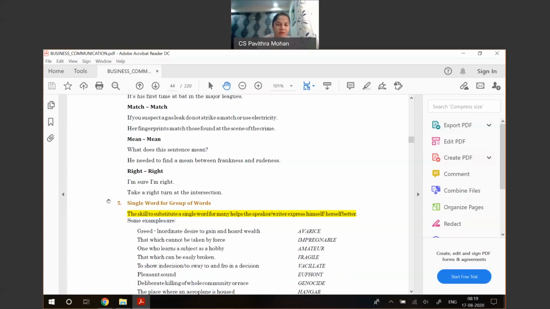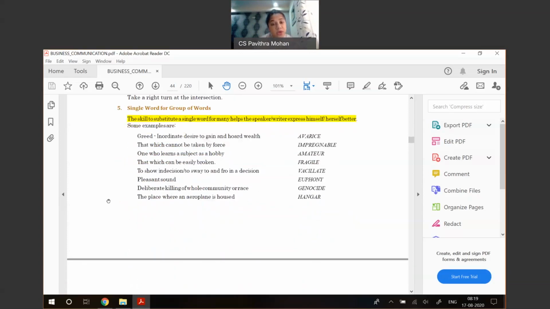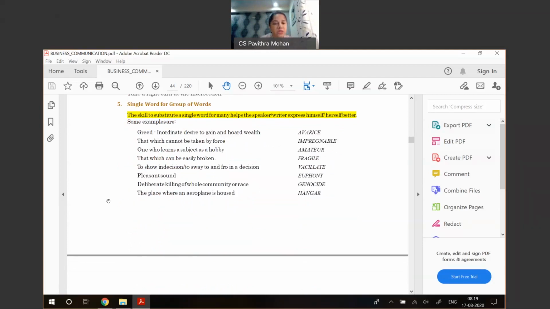Then you have single words for a group of words. How will this be asked in the exam? Generally they'll give you a statement like "greed, inordinate desire to gain and hoard wealth," and ask you to give the single word from the four options. Then you have to identify and write it as avarice. Or they can give "that which cannot be done by force": impregnable.